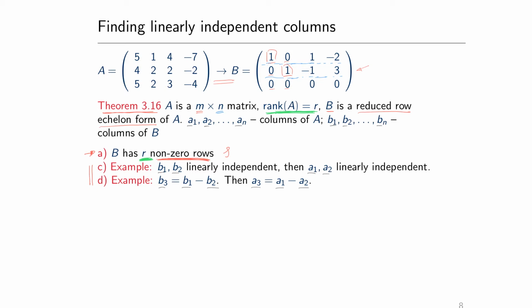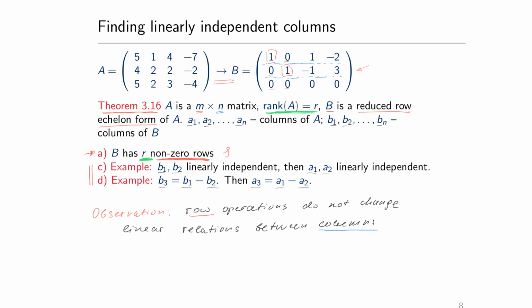I have skipped the statement B of the theorem, and now let us look at statements C and D. And for that, I am going to offer you one observation. The observation is that when we perform row operations, we apply them to the entire row, so to all the elements of all columns that belong to this row. And therefore, these elementary row operations do not change linear relations between columns.